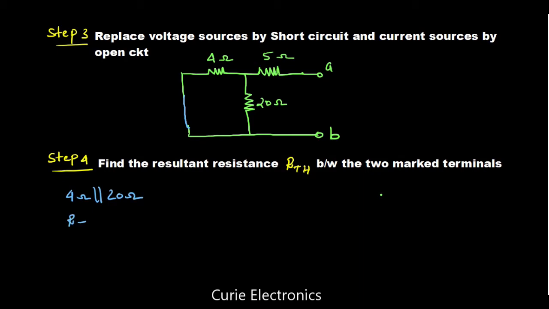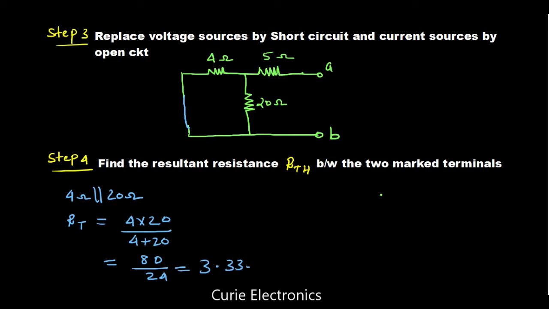Equivalent resistance RT equals 4 multiplied by 20 upon 4 plus 20, that is 80 upon 24. We get 3.33 ohms.